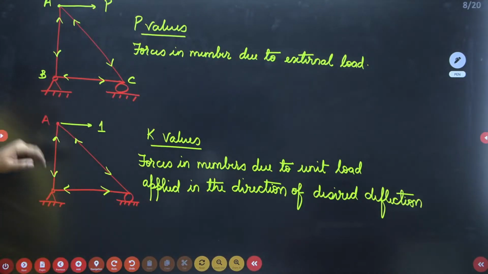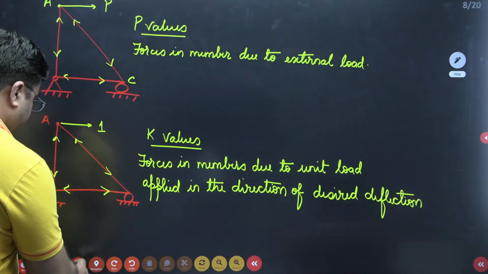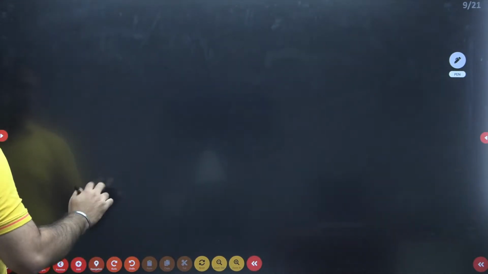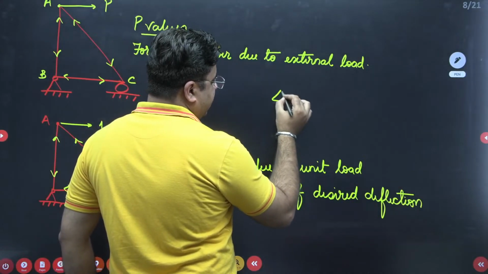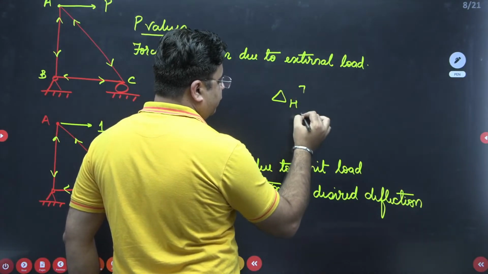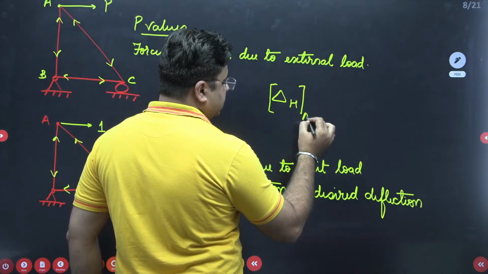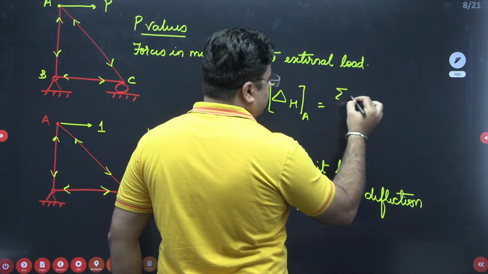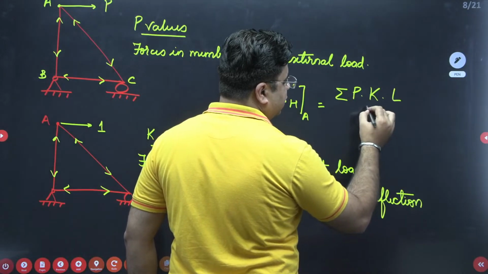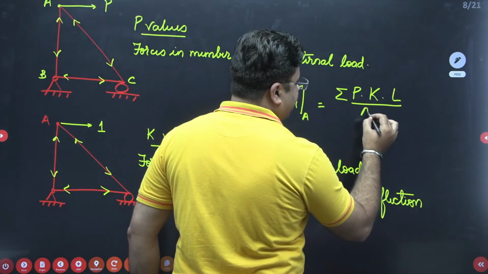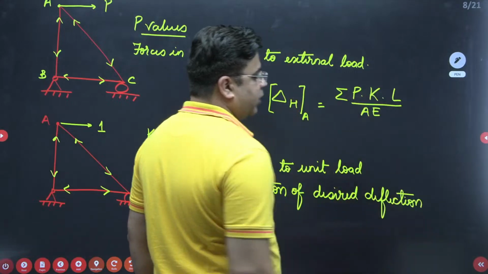Then the horizontal deflection, delta horizontal, of point A is the summation of P values into K values into length of every member divided by axial rigidity for every member.